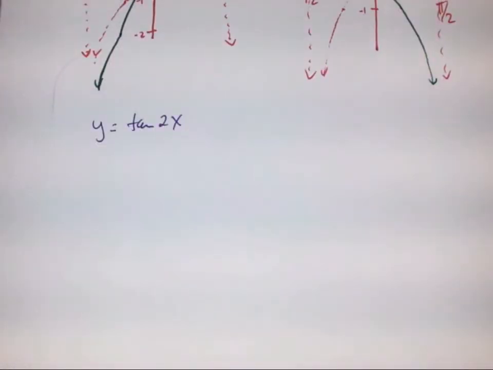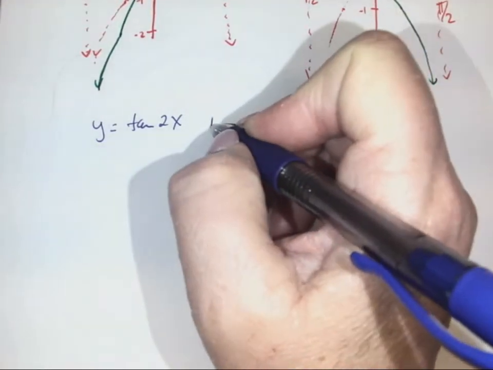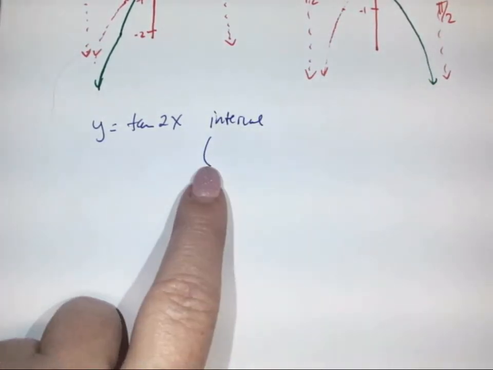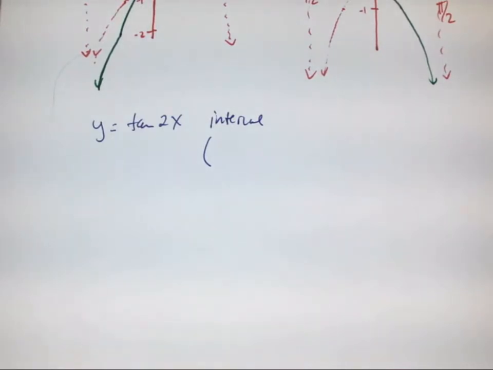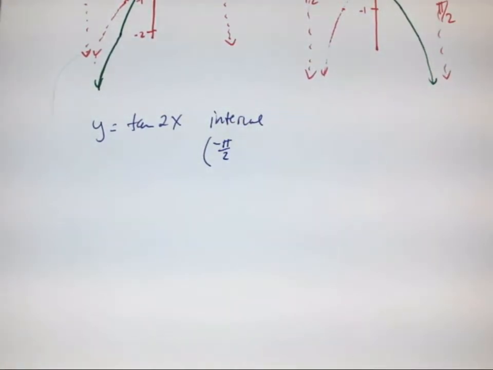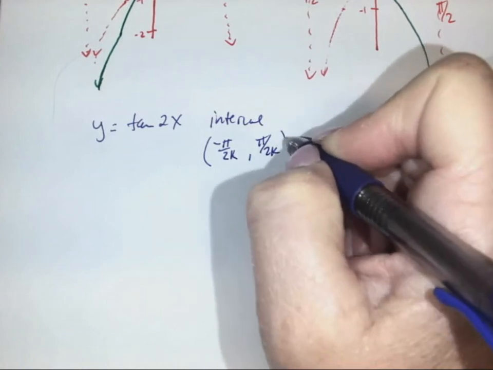And so we are looking at the period is actually negative pi over 2 to pi over 2. So if we're doing that k, let's look at the interval. These don't have brackets because it'll be undefined at those spots. So that's where these won't have brackets, they'll have parentheses. So we're at negative pi over 2, and then it's divided by k, so we can say that it's negative pi over 2k to pi over 2k.